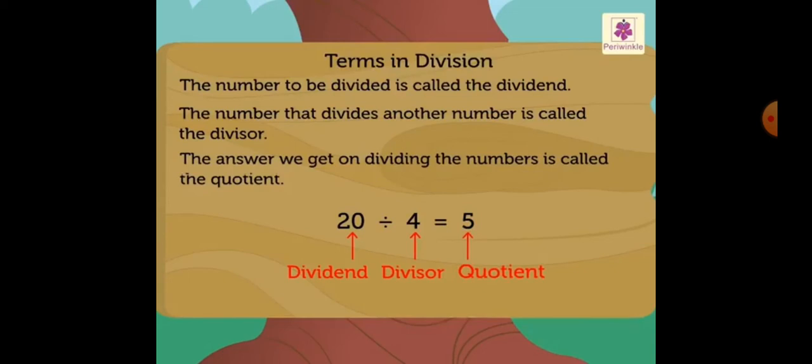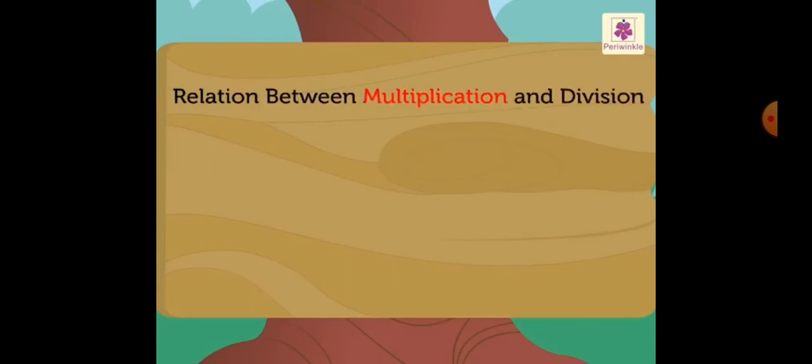Now, when we are clear about the terms, studying the relation between the two operations, multiplication and division, will become simpler. Multiplication and division are very closely related. Let us see how.